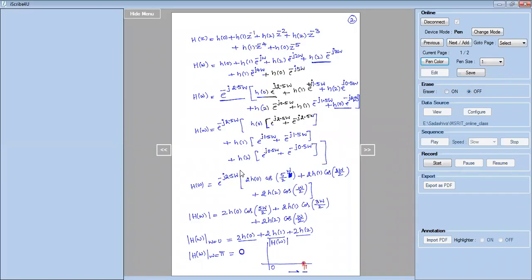Now if you consider the ideal characteristics of the high pass filter, or even band stop filters, at omega equal to pi, what is the magnitude expected in the high pass filter?